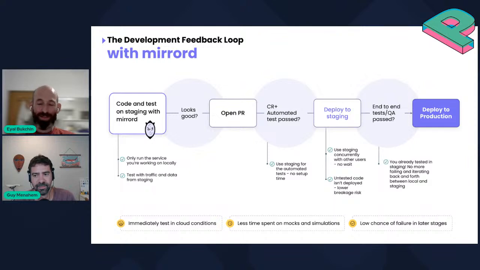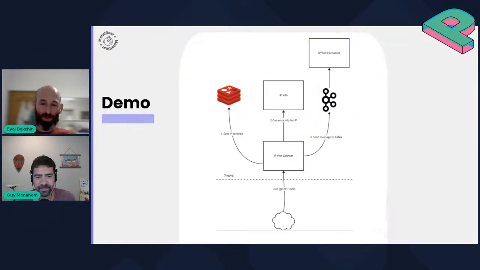Once you do reach staging, your chance of actually failing there is much lower, because you've already tested in the conditions that staging provides. So that's what the developer's life looks like afterwards. And I guess if there are no more questions, we can do a demo.